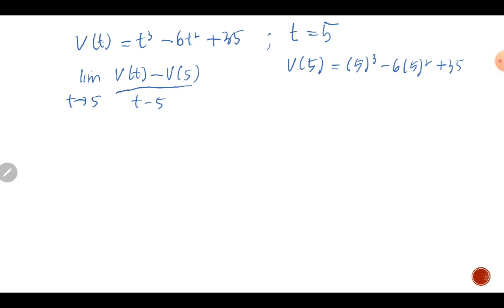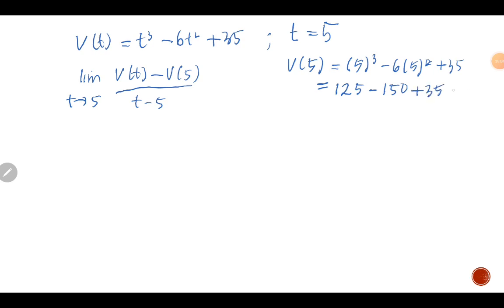So here we have 5 kuasa 3. Malas nak kira tekan kalkulator, tapi saya nak guna sendiri. 5 darab 5, 25, darab dengan 5, 125. 6 darab dengan 5 kuasa 2, 6 darab dengan 25, 150 tambah dengan 35.